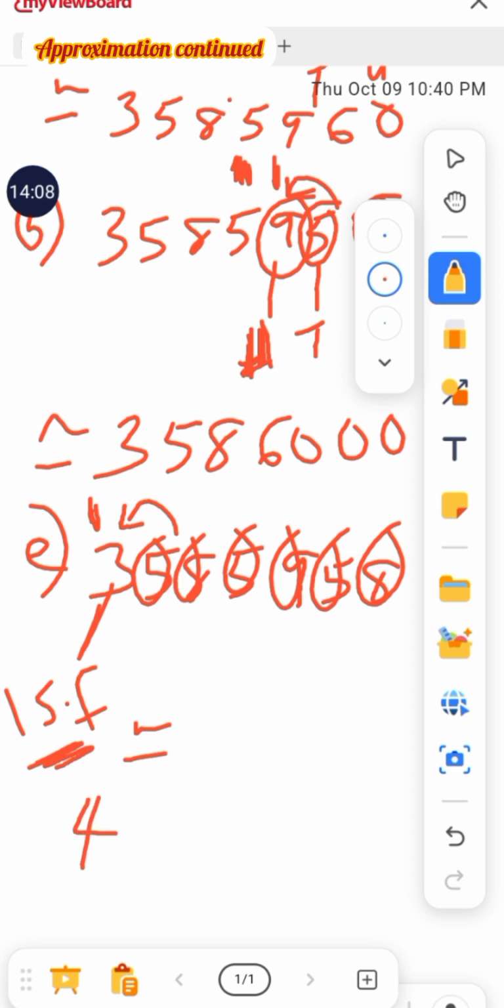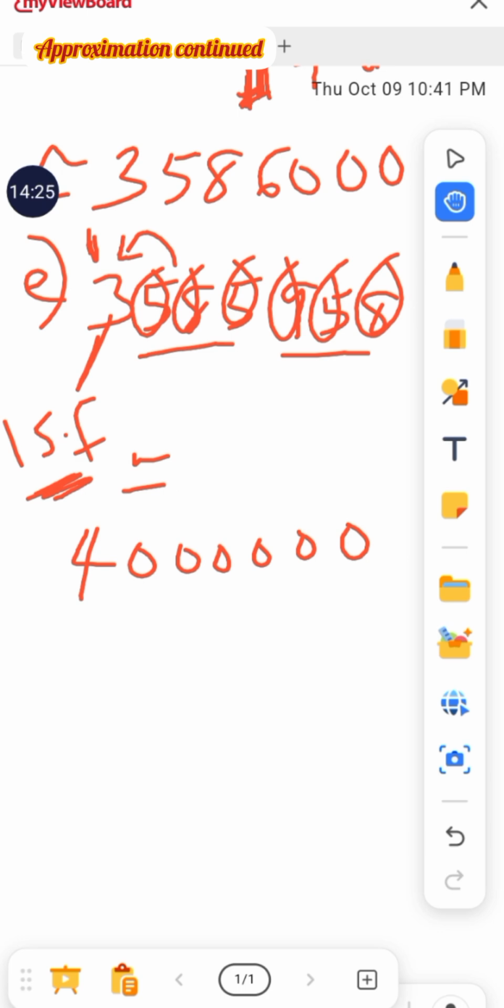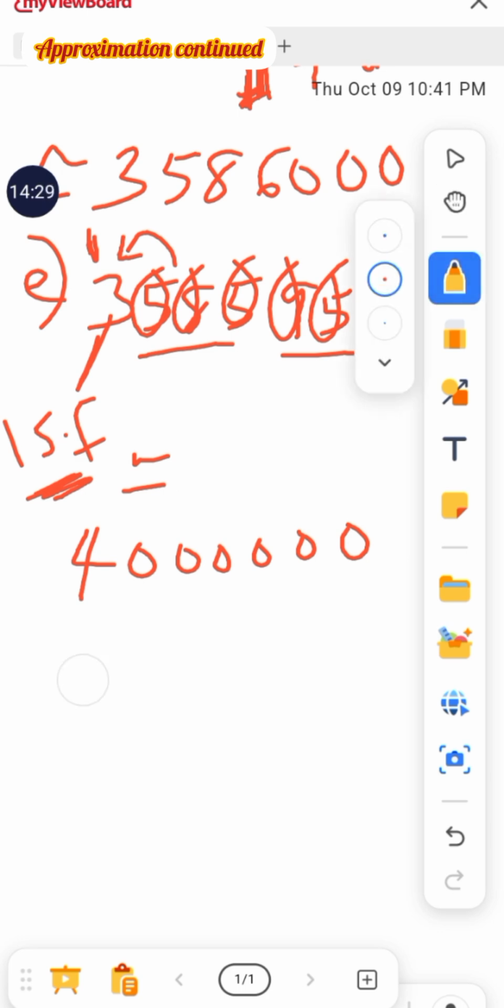Then how many zeros? 6 zeros. So 4 0 0 0 0 0. So I can easily recollect this, that okay, I have close to 4 million naira in my account, instead of having to recollect all these figures. But when you tell me that, mommy, I have 4 million, I can easily recollect that. That is the advantage of significant figures.